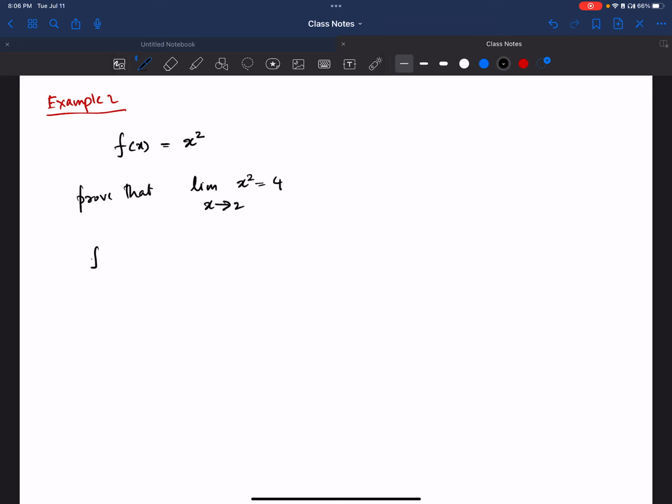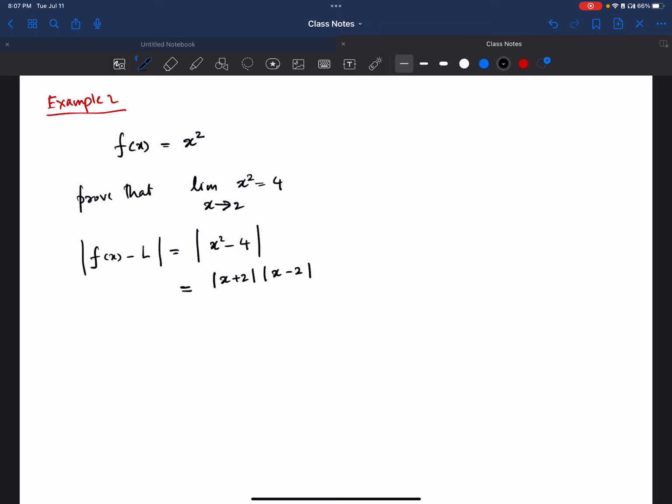So we find the gap first. f(x) minus 4, or minus L. In this case, it is equal to x squared minus 4. And we can write this as x plus 2 times x minus 2.